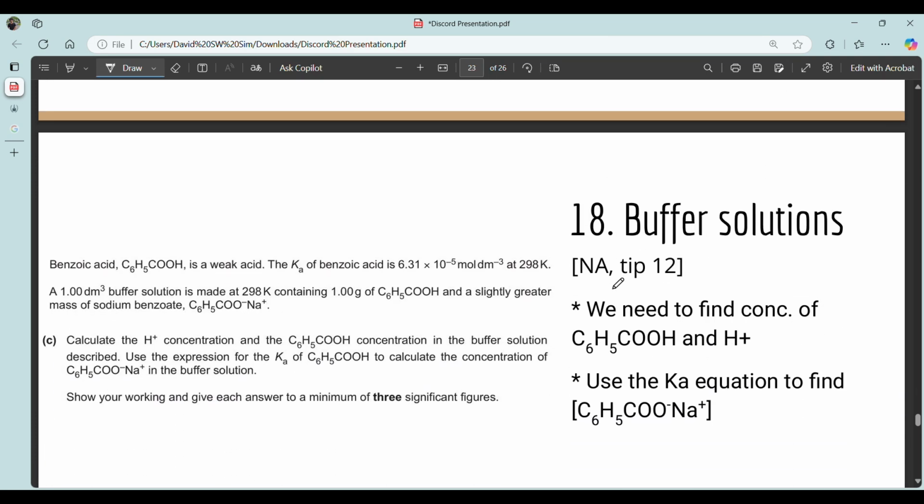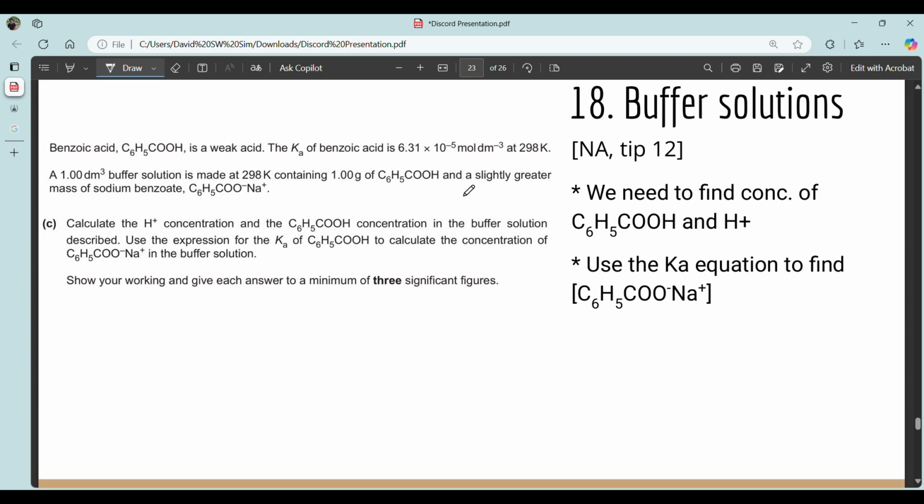Alright, so now this is our last one, buffer solutions. For buffer solutions, I give you 2 minutes to read through the question.